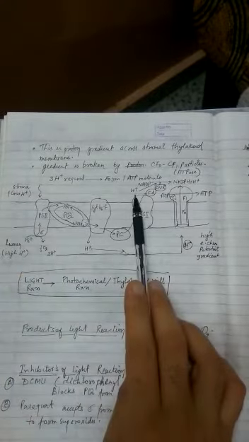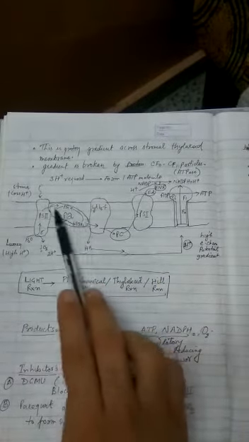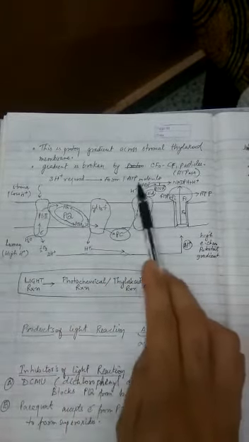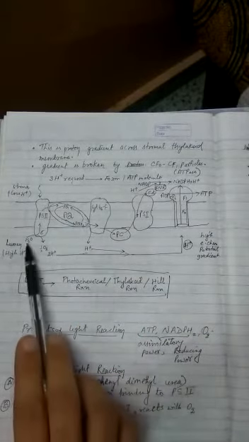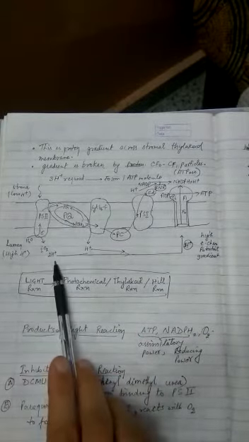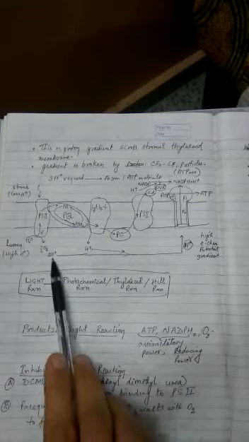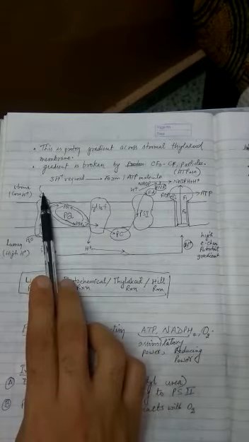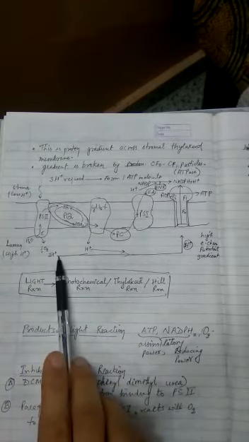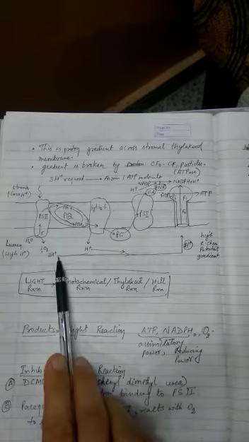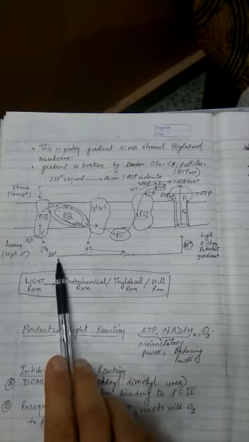So stroma is losing hydrogen ions because of this, and because of the other activity, H plus accumulates here. Because of water splitting activity, accumulation of H plus takes place here. So stroma finally has less H plus, lumen has more H plus. So there is a disturbance. Now this non-equilibrium has to be broken. So the gradient has to be broken.